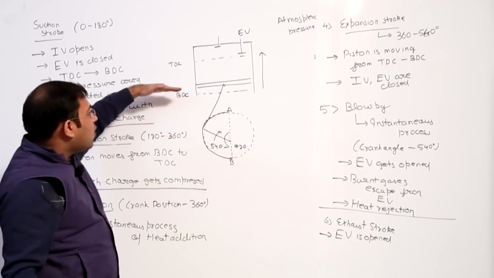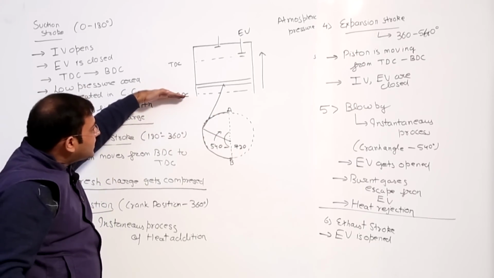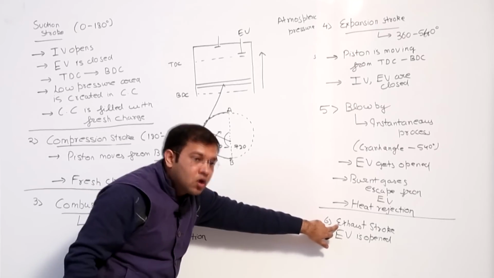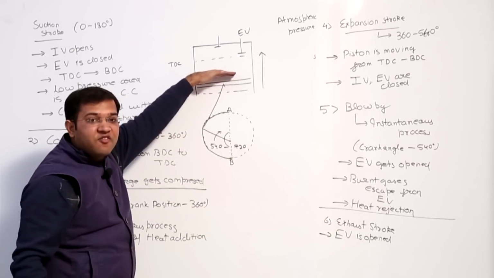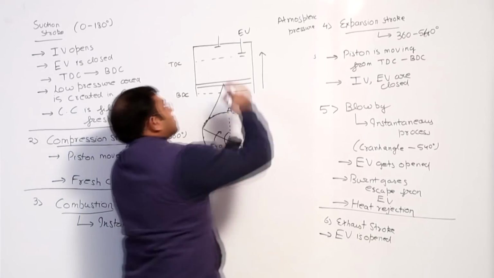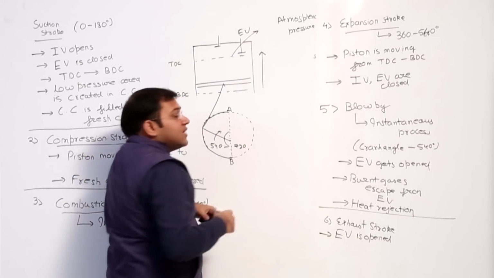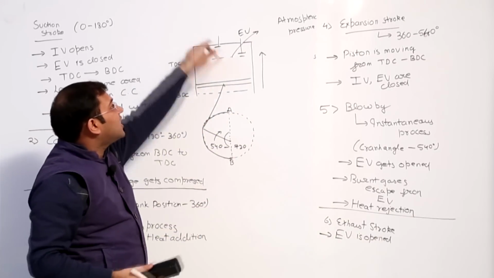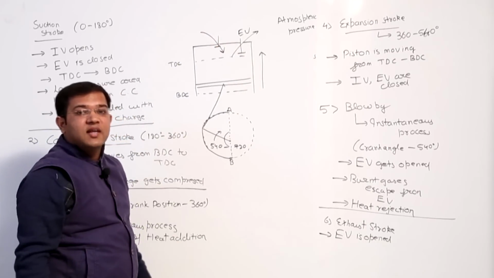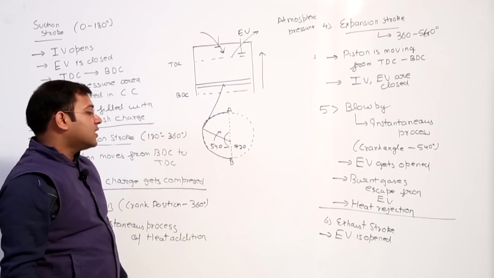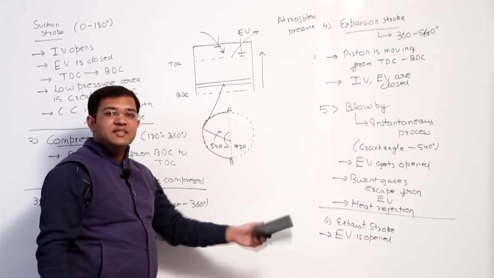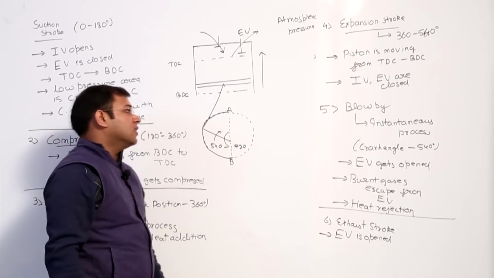Again speaking, when the piston moves from bottom dead center to top dead center in the exhaust stroke, it is sweeping away the remaining burned gases through the exhaust valve, so that in the next cycle the fresh charge could come inside the combustion chamber through the inlet valve. So these are the 4 strokes of the Otto cycle and 6 events of the Otto cycle.